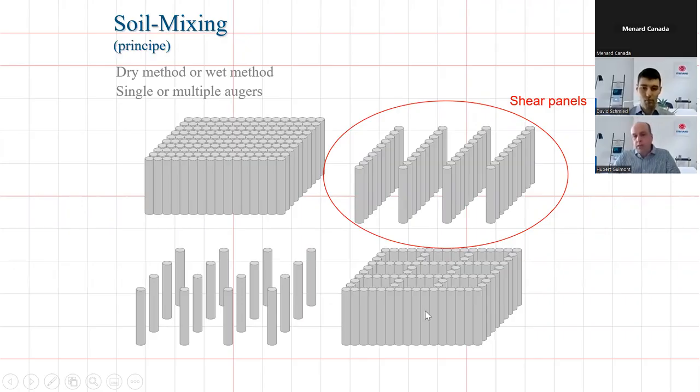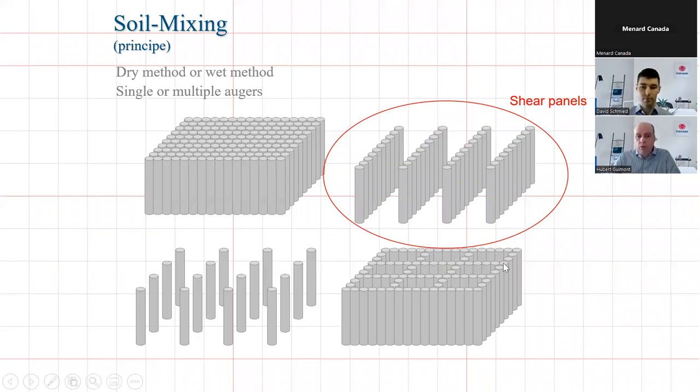In some cases, where you have an embankment height that's higher, or if you have liquefaction issues that cannot be treated with, let's say, conventional ground improvement techniques, the grid or box configuration is a very good type of configuration.